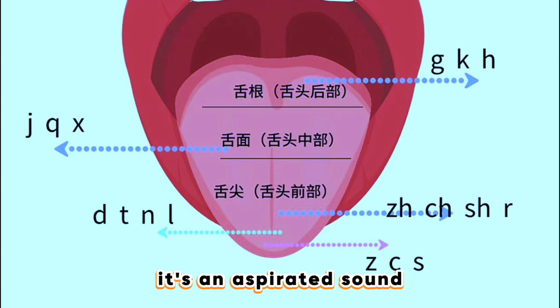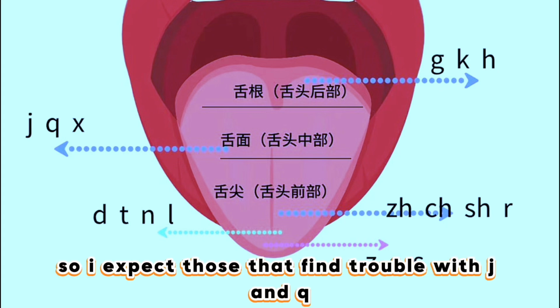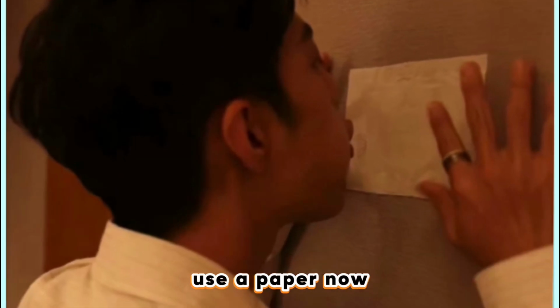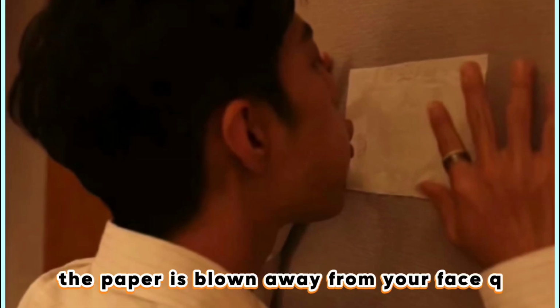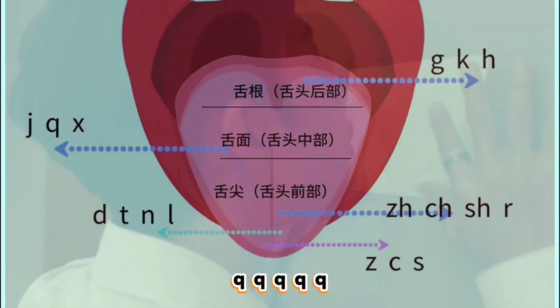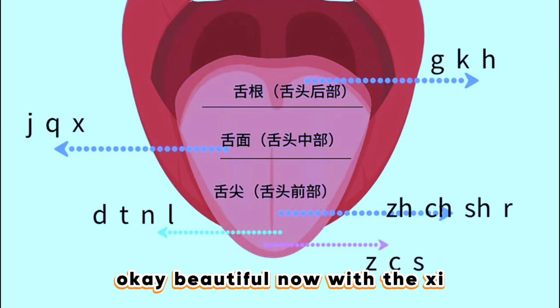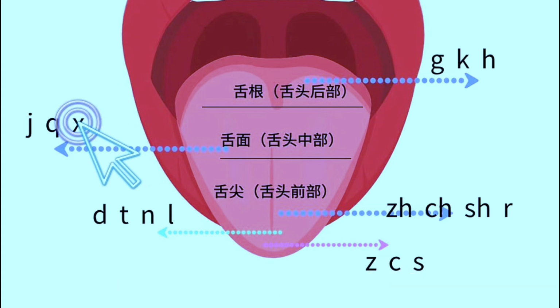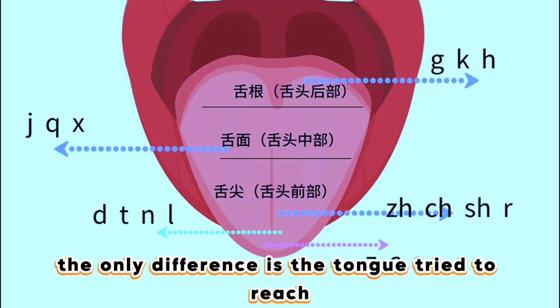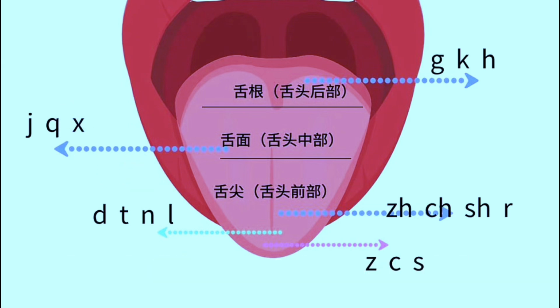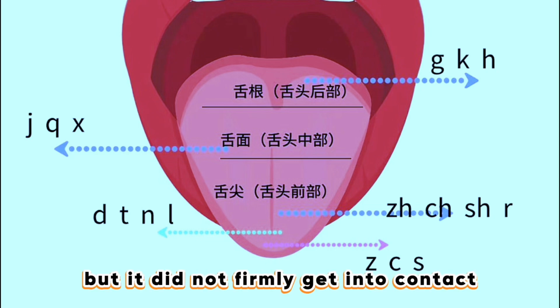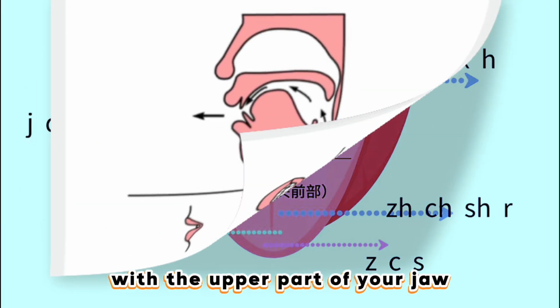It's an aspirated sound, so I expect those that find trouble with it to use a paper. Make sure the paper is blown away from your face. Okay? Beautiful. Now with the shi, the only difference is the tongue tried to reach, but it did not firmly get into contact with the upper part of your jaw.